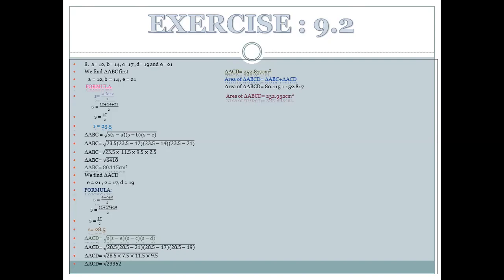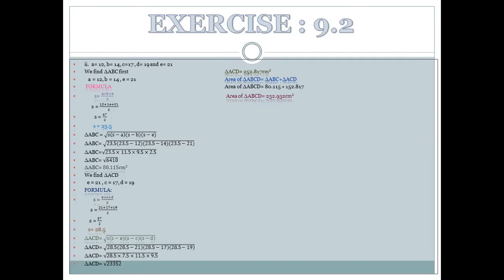After finding S, you calculate S minus D, S minus C, S minus E. The formula, instead of A and B, we write D and C, so it becomes S into S minus D, S minus C, S minus E. Putting the values, taking the square root, the area of triangle ACD becomes 252.817 centimeters square.